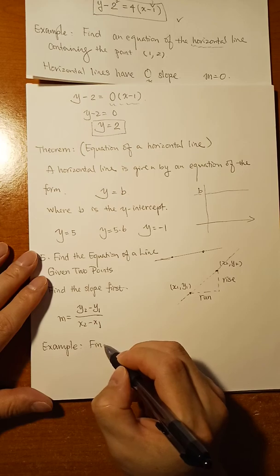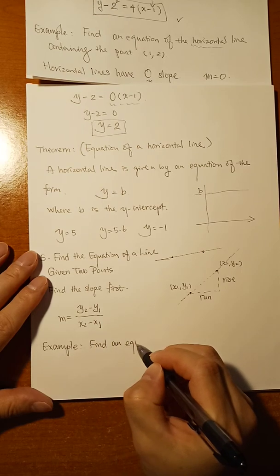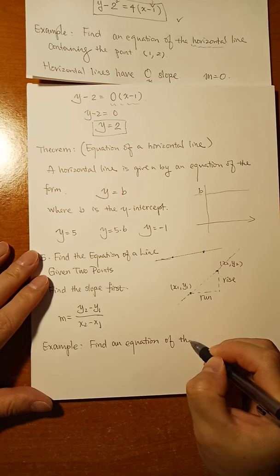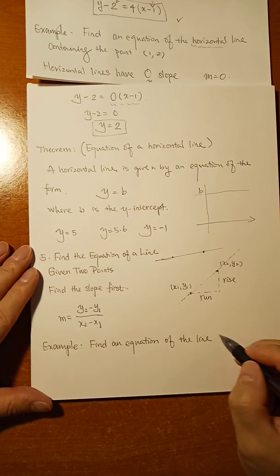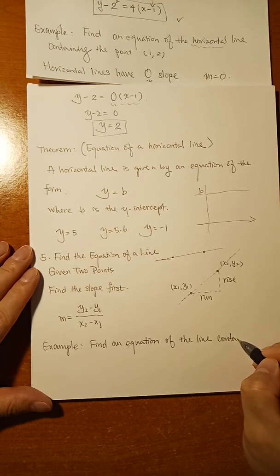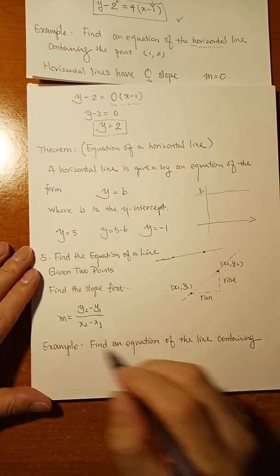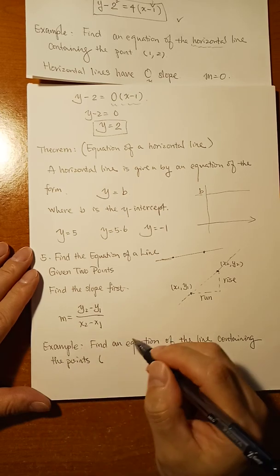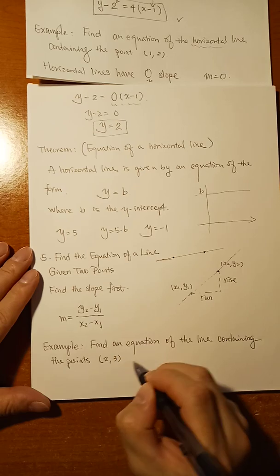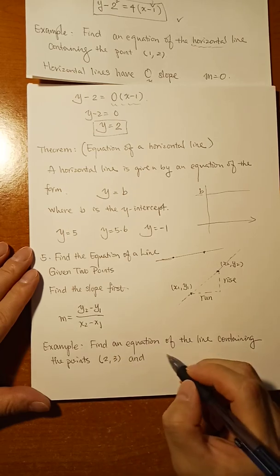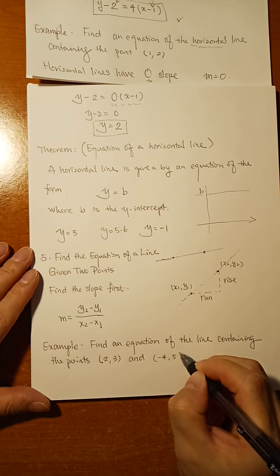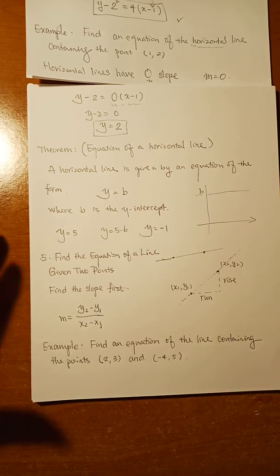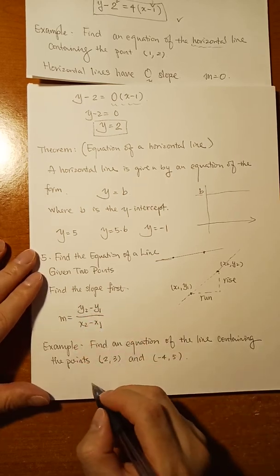Find an equation of the line containing the points (2, 3) and (-4, 5). Okay, so no slope. Let's follow this strategy to compute the slope.